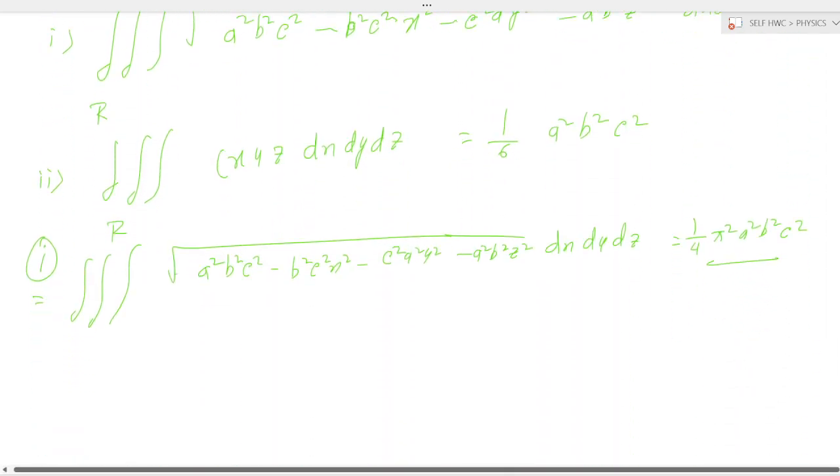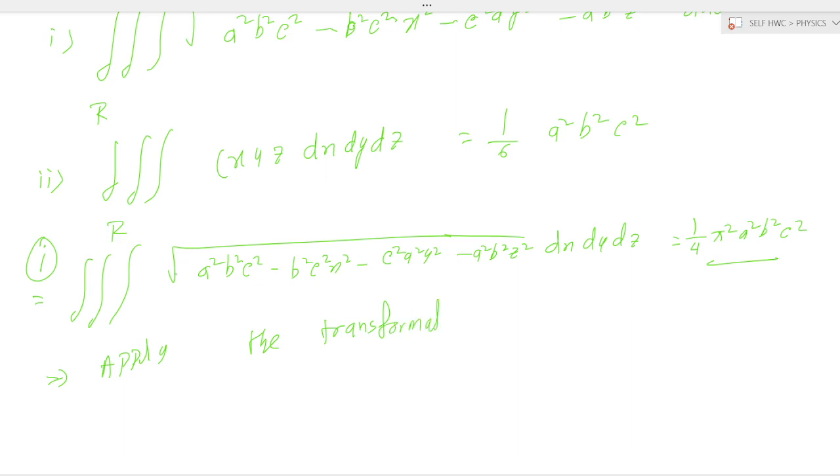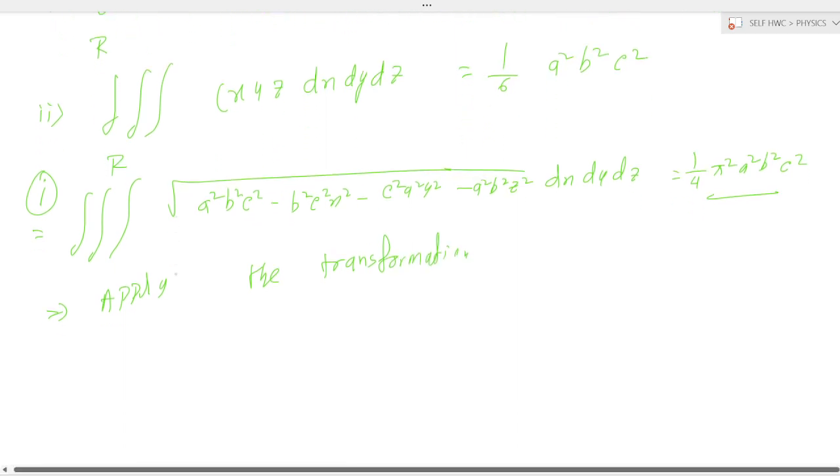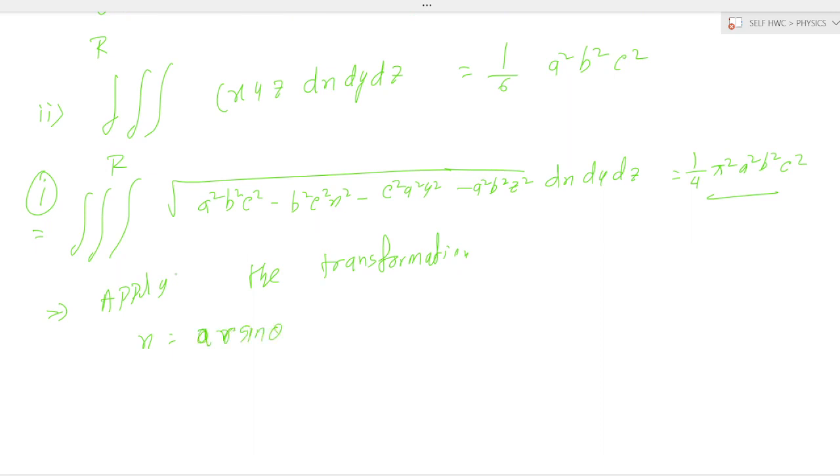Okay, apply the transformations: x equal to ar sin theta cos phi, y is equal to br sin theta sin phi, and z is equal to cr cos theta.